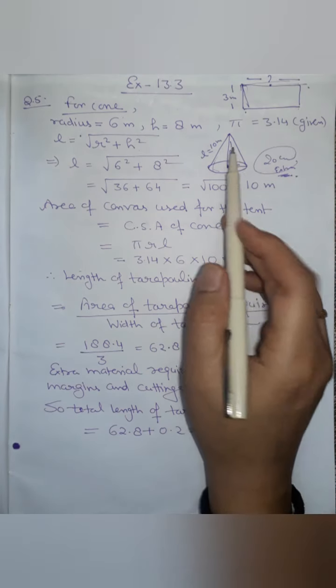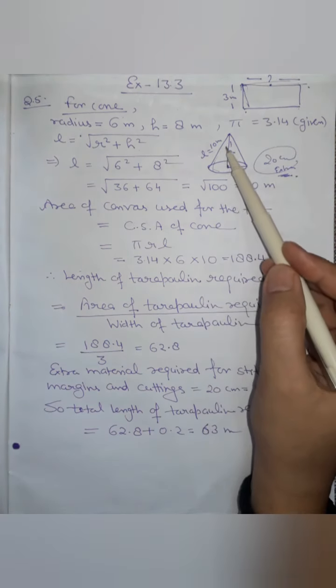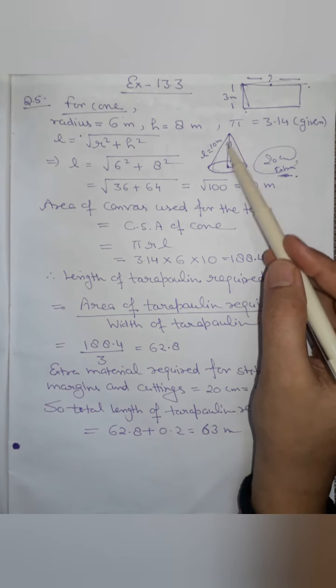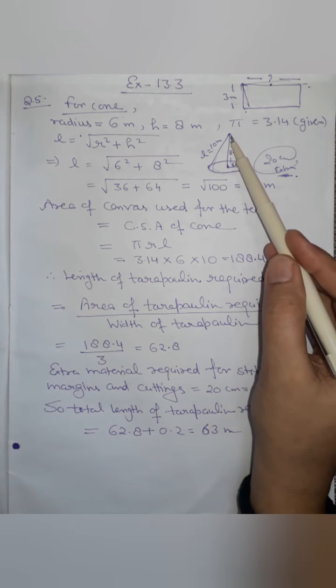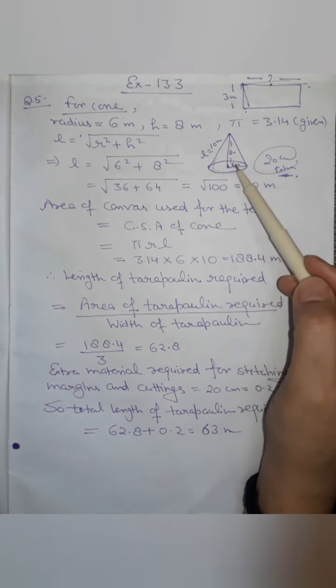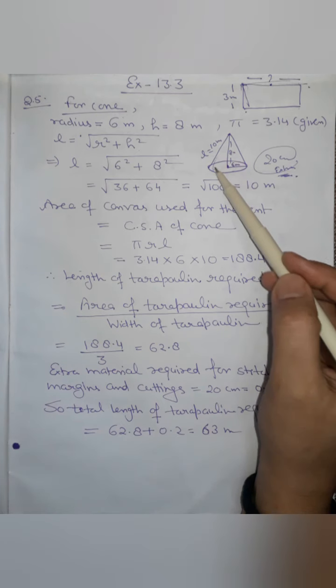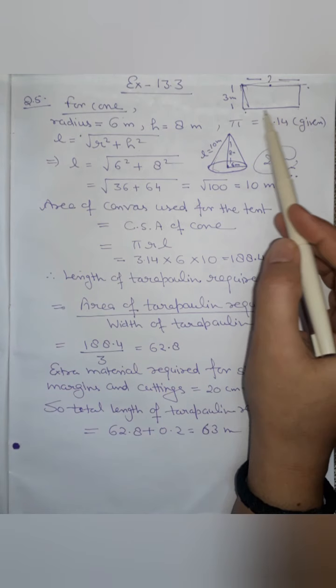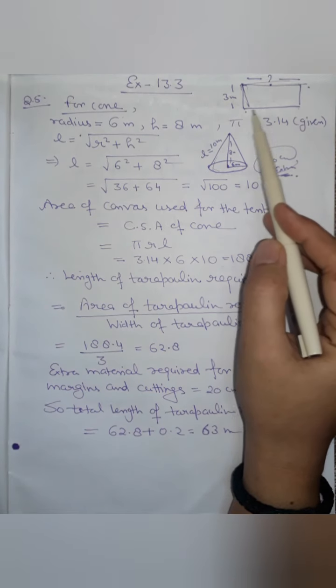Now if we have to find how much cloth is required to make this conical tent, it means CSA of this cone is required first. That CSA of this cone will be equal to area of this rectangular cloth.